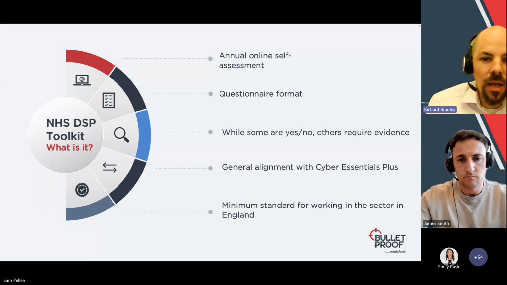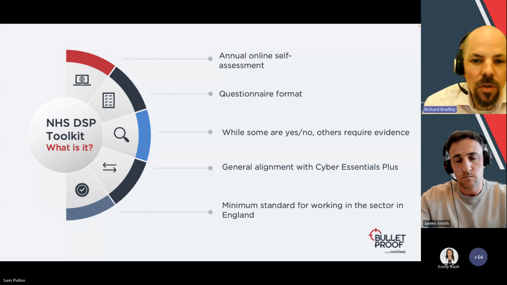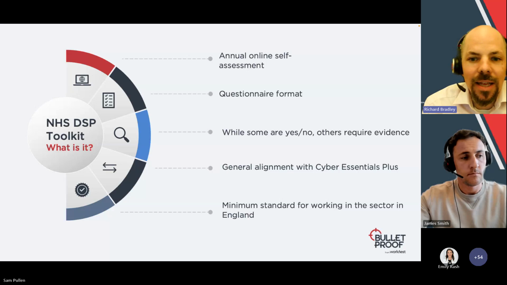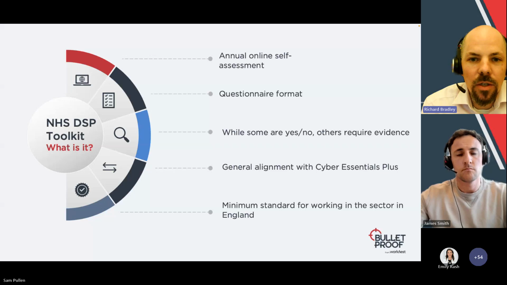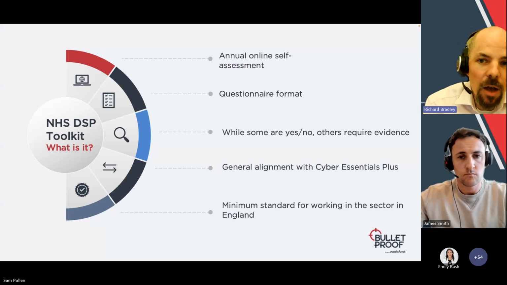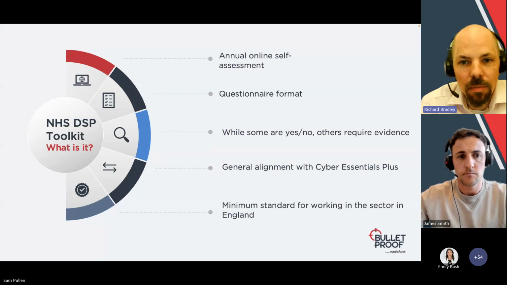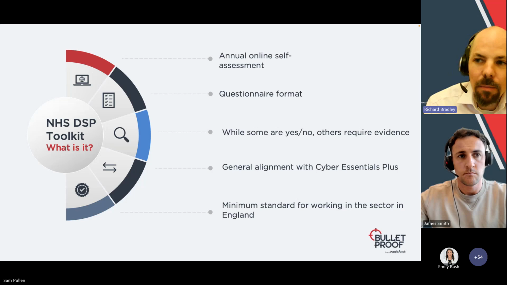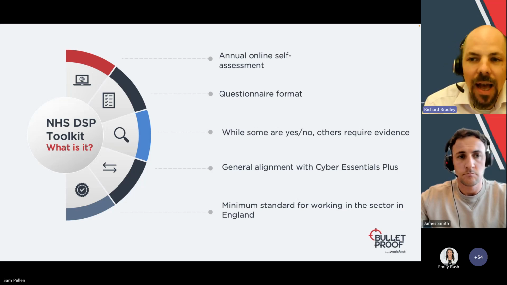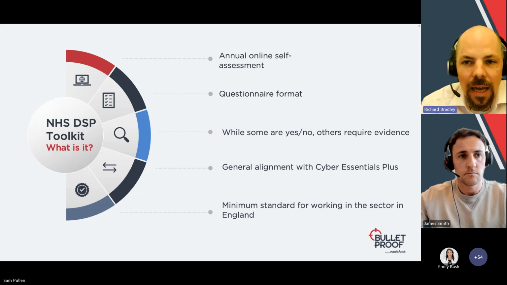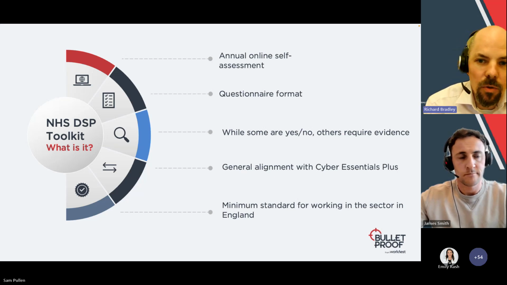As it says on screen, the requirements of the toolkit are normally considered the minimum standard for working in the sector in England. Over time, the number of organisations required to make this submission has expanded quite considerably. So, for example, an NHS trust has made a policy that anyone working for or on their behalf, when it comes to data, needs to have standards met for the toolkit.